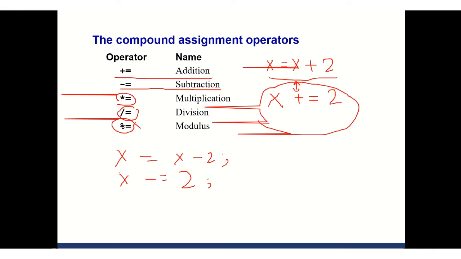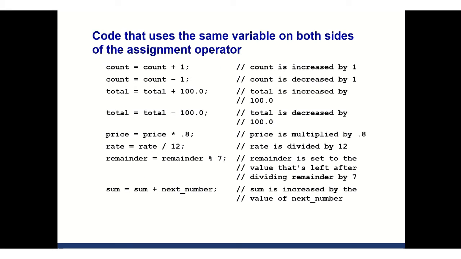So your C++ language allows the compound assignment operators, for code that uses the same variable on both sides of the assignment operator.